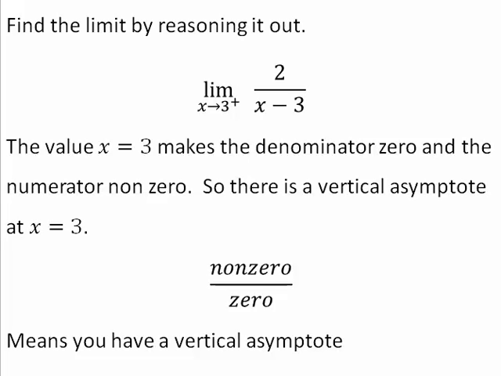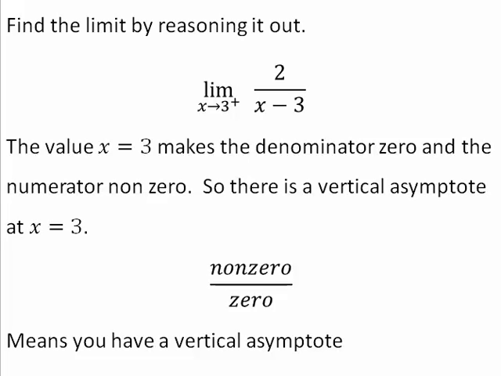I do want to point out to you that if you have 0 over 0, it might be a vertical asymptote or it might not. To know that you have a vertical asymptote, it has to be non-zero over 0. All right.